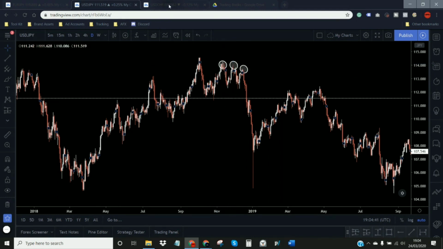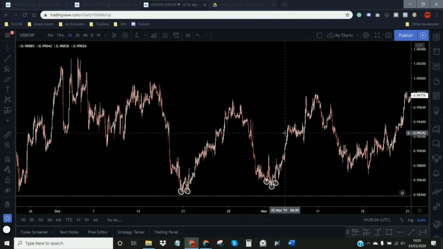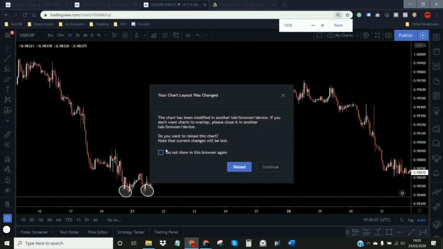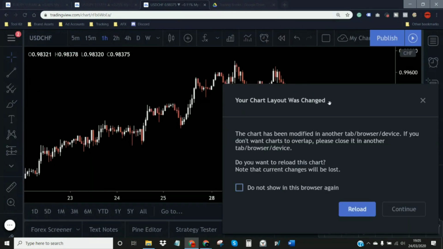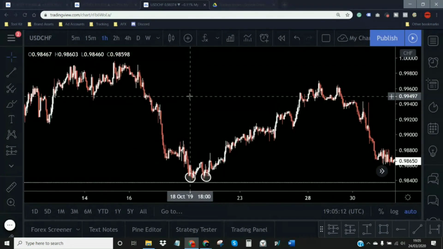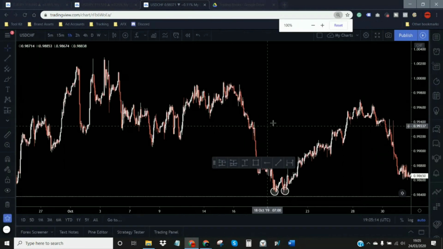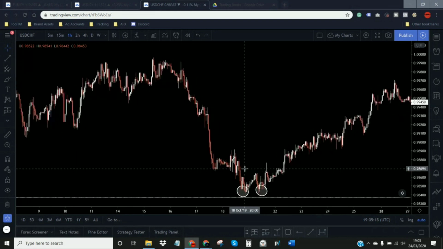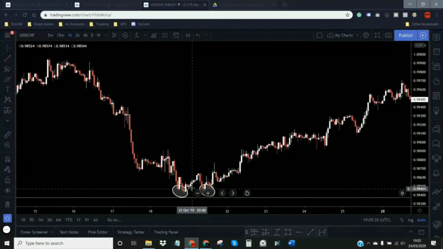Let's take a look at another market on a lower time frame. So here we are on the USD CHF, and as we can see here, we've got one to the left here that only has 2 swing lows.